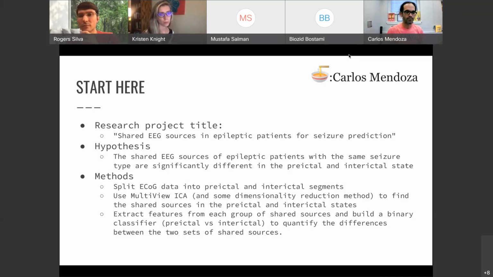So what I propose is to use Multiview ICA on those two types of segments.